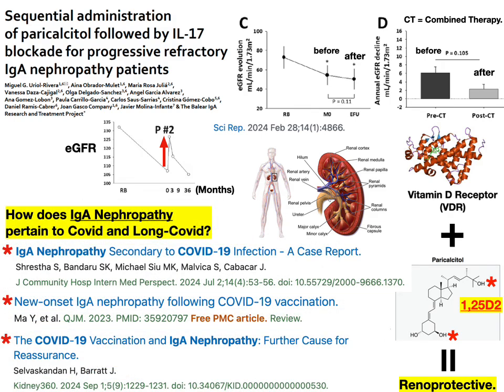In the next YouTube in this series, we will connect this paper to the following references: IgA nephropathy secondary to COVID-19 infection, a case report; new onset IgA nephropathy following COVID-19 vaccination; and this review/perspective, the COVID-19 vaccination and IgA nephropathy, further cause for reassurance.